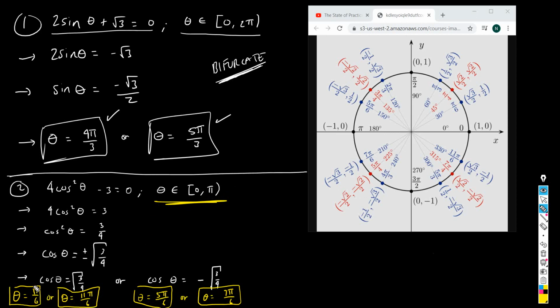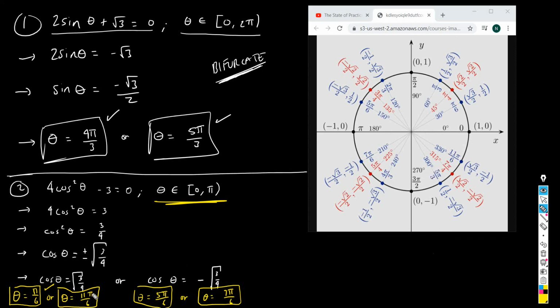So pi over 6. Is pi over 6 between 0 and pi? Yes. Why? Because this is 0 degrees, 0 radians. This is pi radians, which is 180 degrees. And we know that pi over 6 is this one, which is between 0 and pi. So this one is acceptable. Now 11 pi over 6 is this much, which is outside the range from 0 to pi radians.